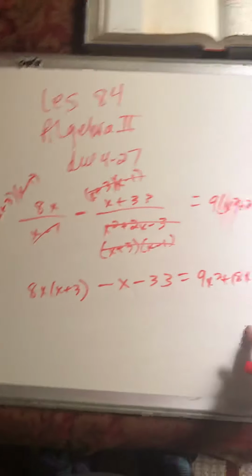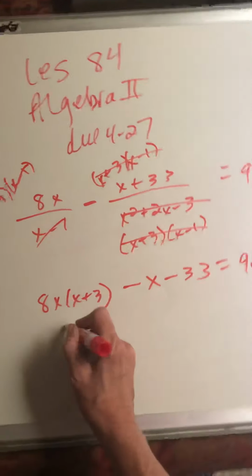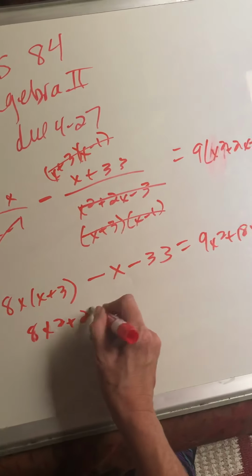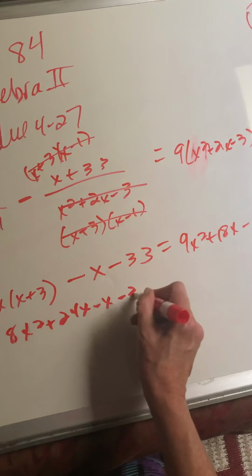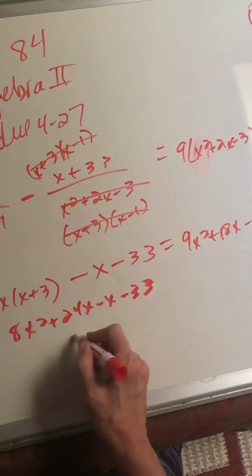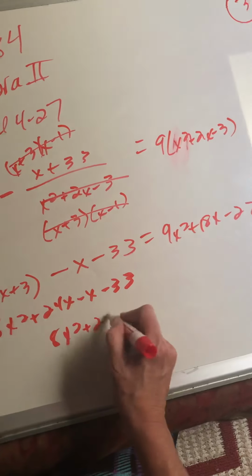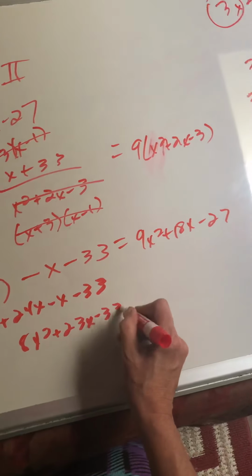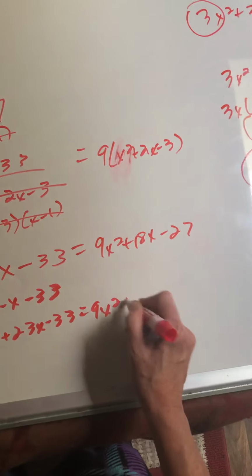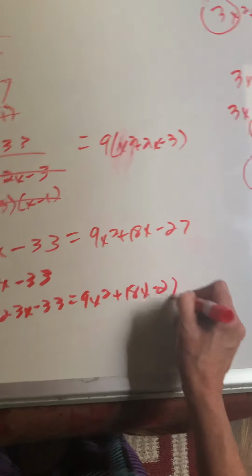Again, can't fit it all into the screen. So then this would be 8x squared plus 24x minus x minus 33. So that'd be 8x squared plus 23x minus 33 equals 9x squared plus 18x minus 27.